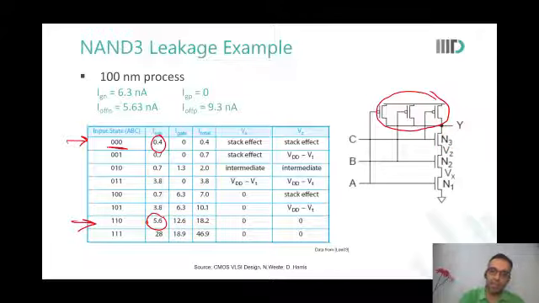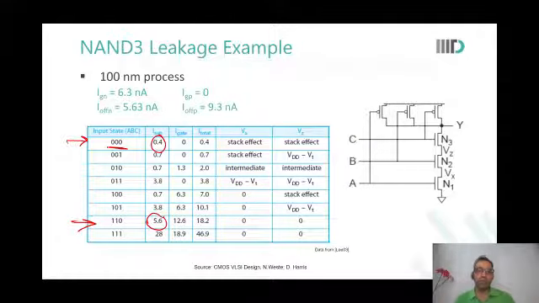See, did we take any stack effect there? Yes, sir. There is. That is what we are saying, that depending on which terminals are 0, which ones are 1, we will have stack effect or no stack effect. Okay, sir. That is exactly what we are saying.